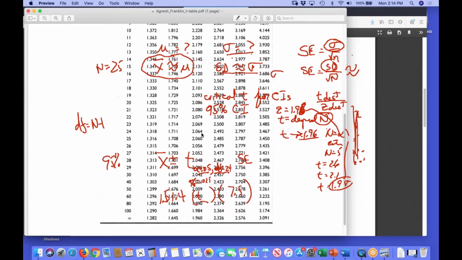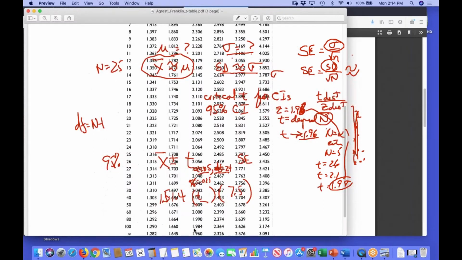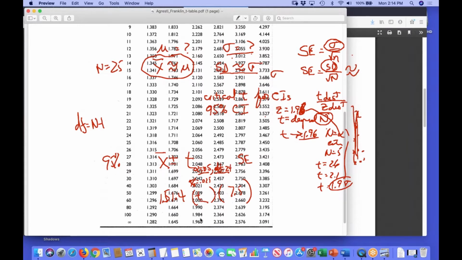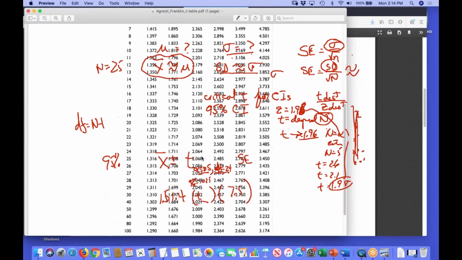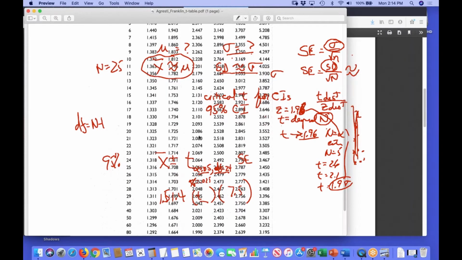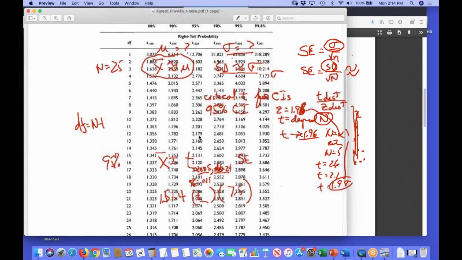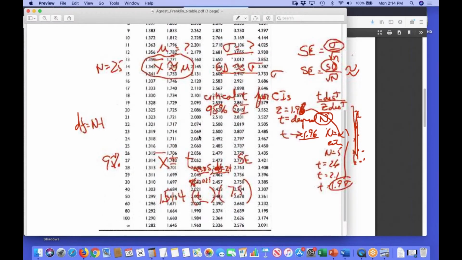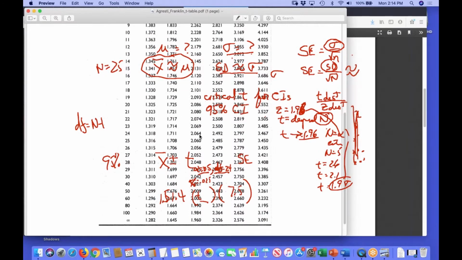So the critical value of t for this situation, a sample size of 25, 24 degrees of freedom, and a 95% confidence interval is 2.064. See, if the sample size had gotten bigger, notice we'd be closer and closer to 1.96, like down here at a sample size of 100. So in our case, it's going to be 2.064. Degrees of freedom 24, 2.064.